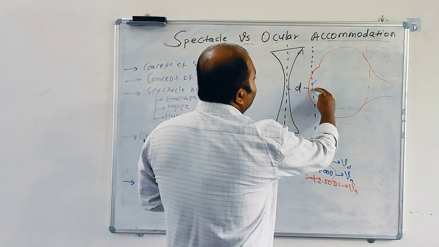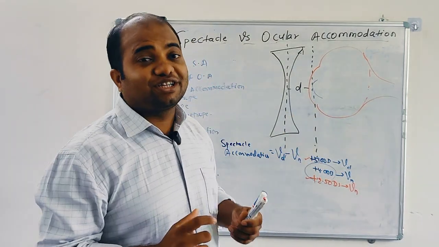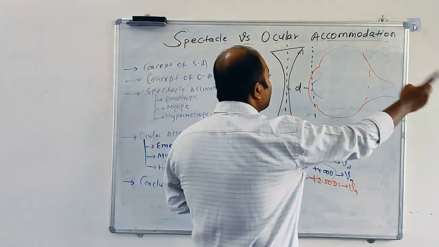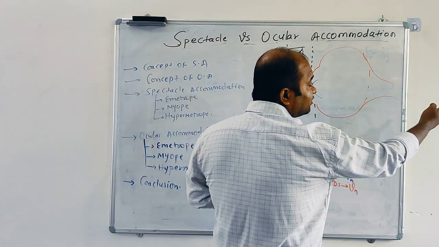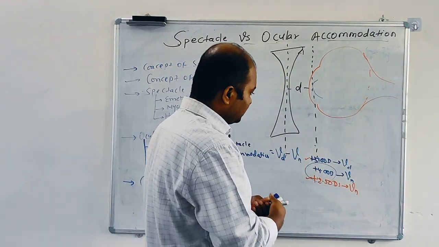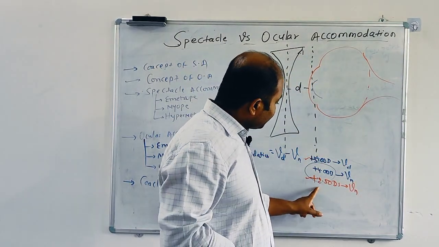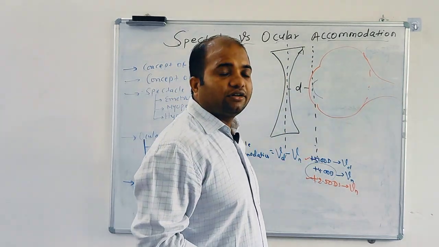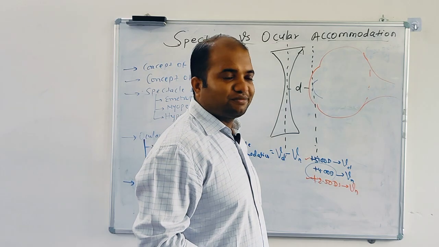But nature has provided a great mechanism to compensate for this and get that light back onto the retina. So the lens will accommodate by 2.5 diopter, it will compensate for this, and the light will again be conjugate with the retina, right? Am I right?